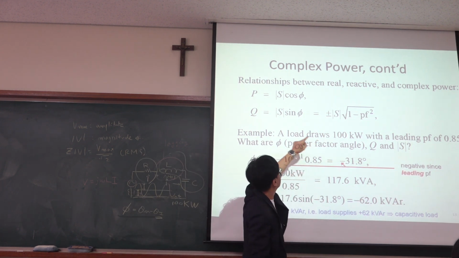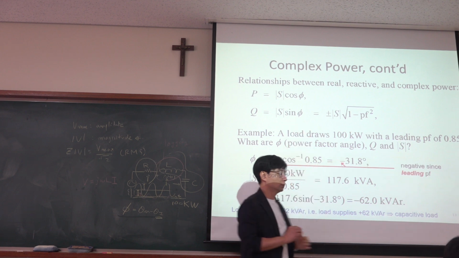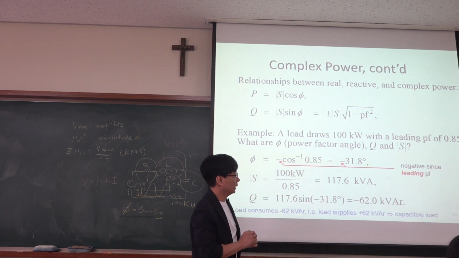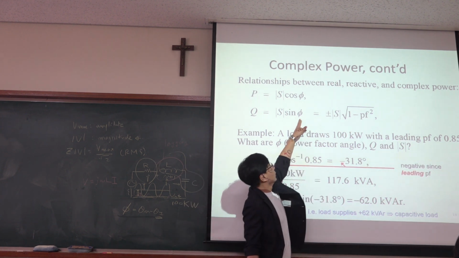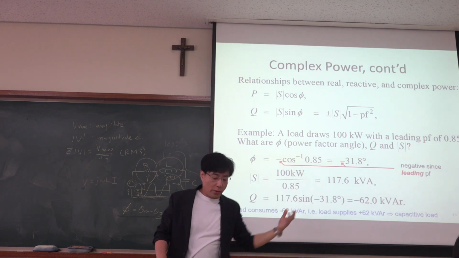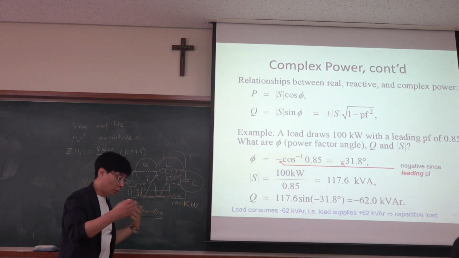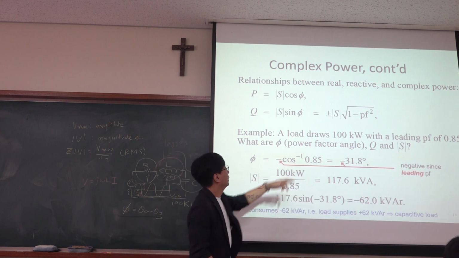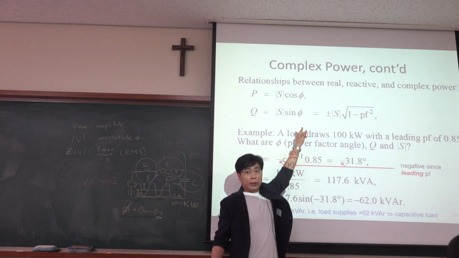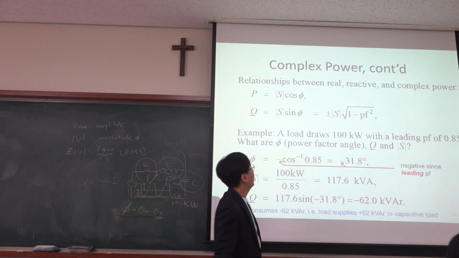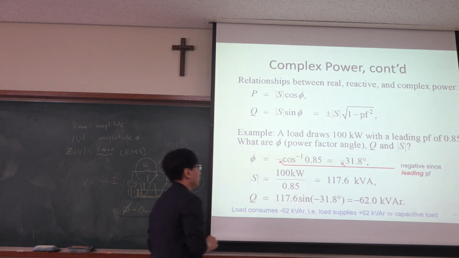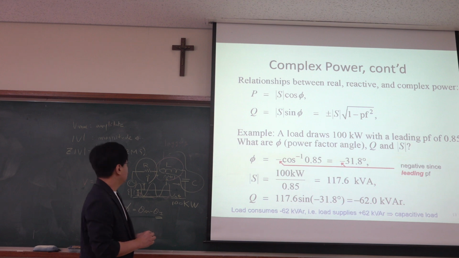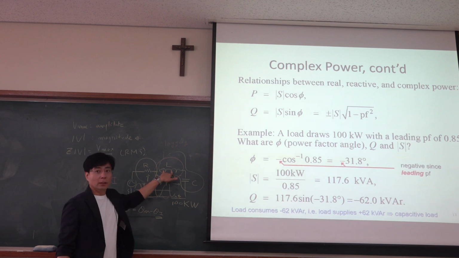And that is because the current can lead the voltage or the voltage can lead the current. So depending on the situation, this part can be either positive or negative. So it becomes positive for the case of this coil. It becomes negative for the case of capacitance.